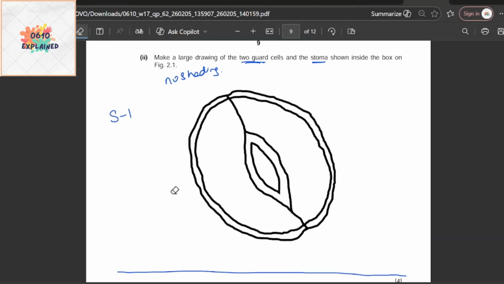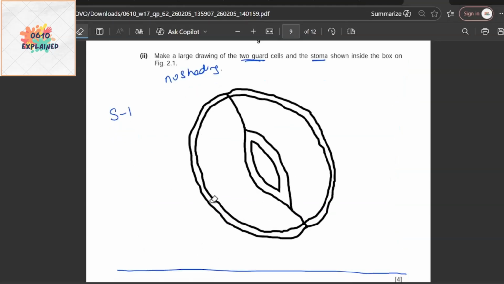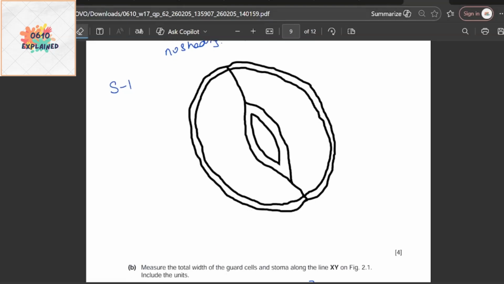Don't change the orientation of the drawing as well. Okay, so one mark is for your smooth outline, then the space occupied, so it should occupy at least 70% of the place. So in your paper, if you take a printout, it should be more than 55 millimeters.